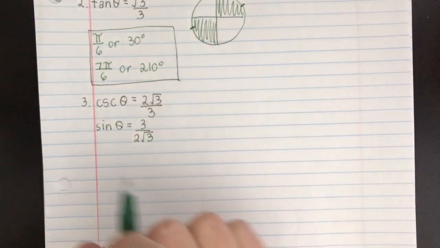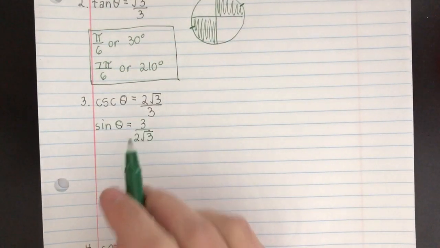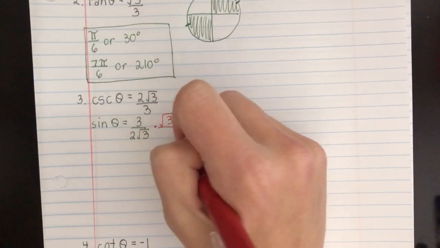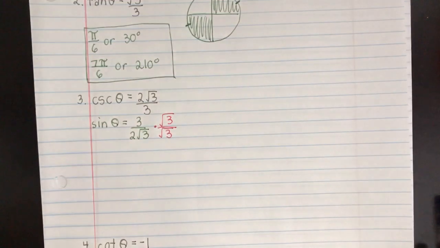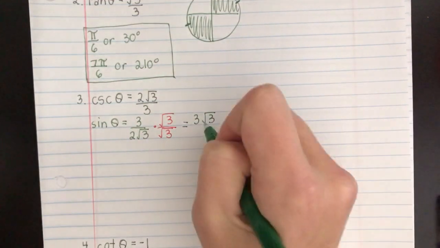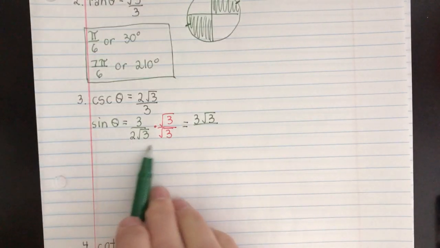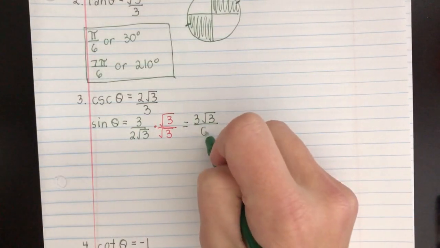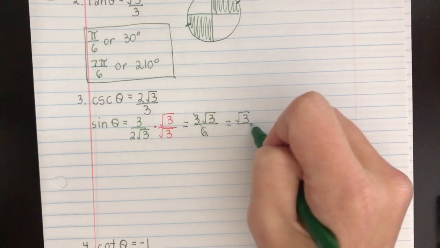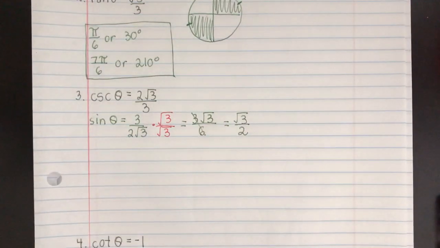To clean this up, I'm going to rationalize the denominator. I would have 3 square root of 3 over 2 times 3, which would be 6. Of course this simplifies to square root of 3 over 2.